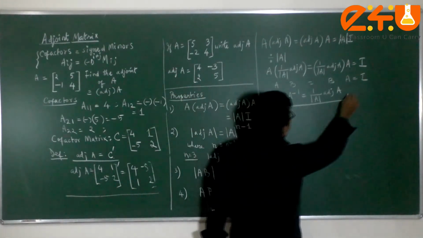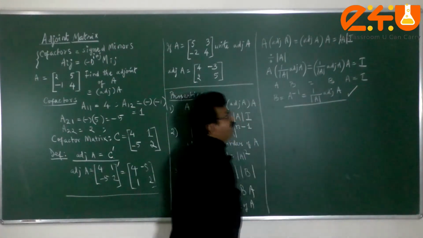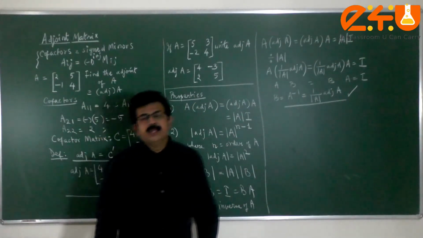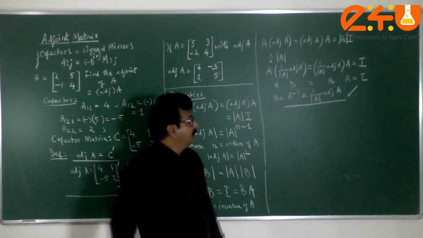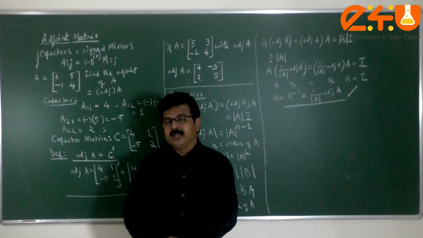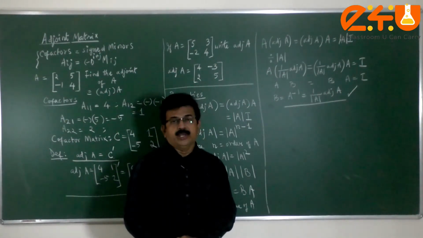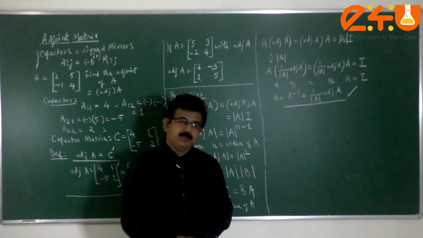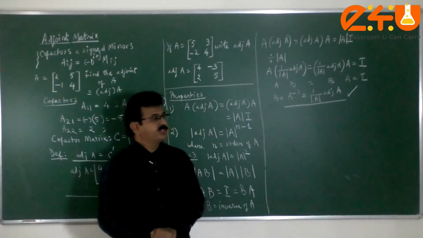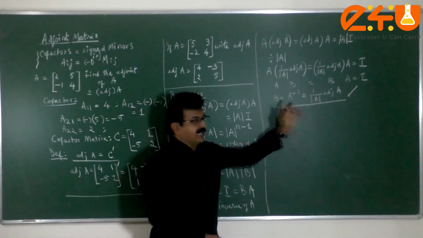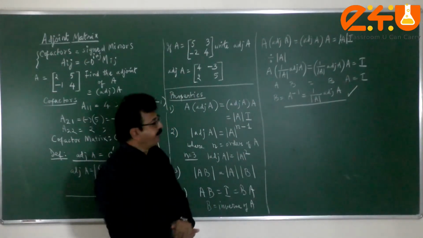So this is an important conclusion, and in fact the students will be making use of this expression widely, and we will be able to solve a system of linear equations using this expression. We are going to see that shortly.